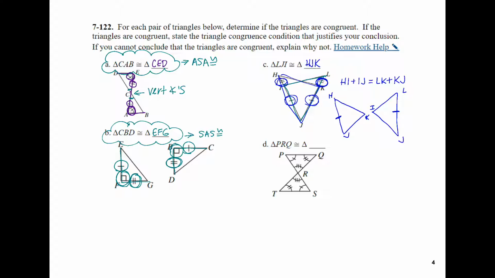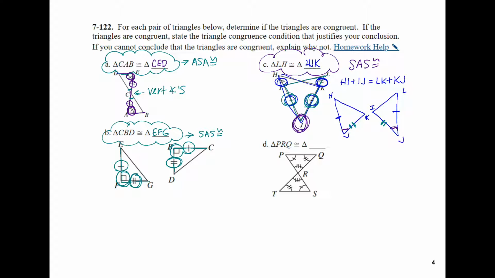We notice that these smaller pieces, KJ, is already congruent to IJ based on our picture, and then angle J is a shared angle, so we can say that these two triangles are congruent based on the side-angle-side congruency theorem.